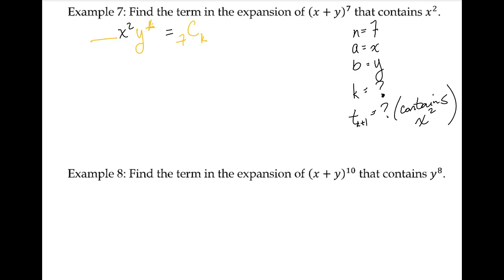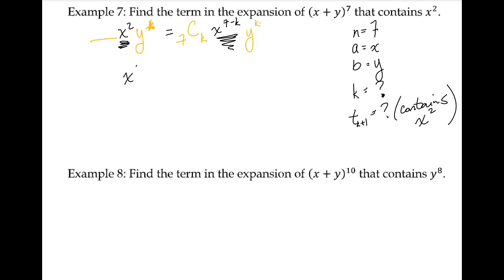Okay, this would be k as well. x to the power of 7 minus k, and then y to the power of k. So the only thing I know for sure is my x term, so that's all I can actually work with. The rest of it is kind of inconsequential. There's no x's anywhere else, so they can't influence my final value, so I can disregard them.